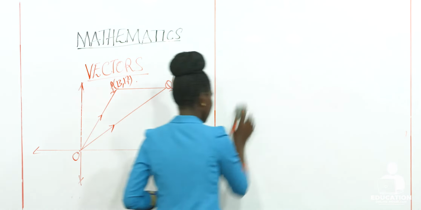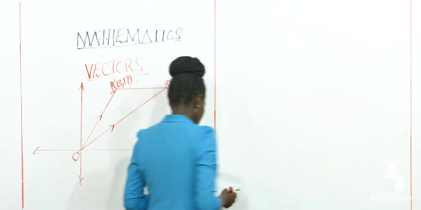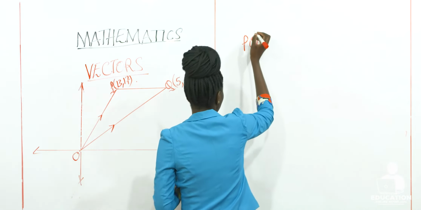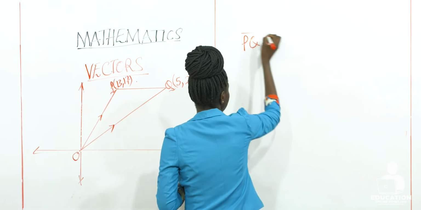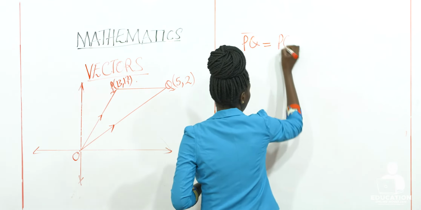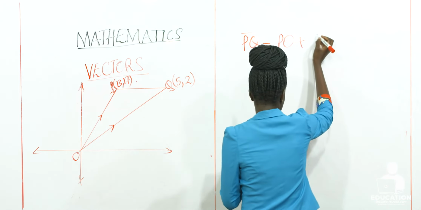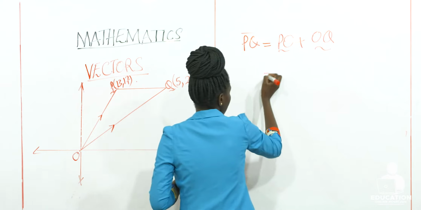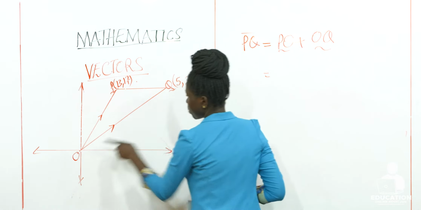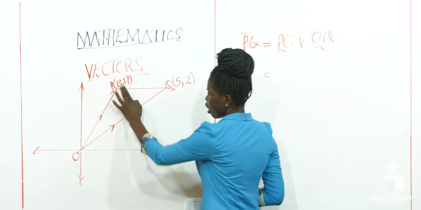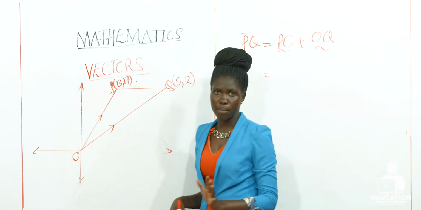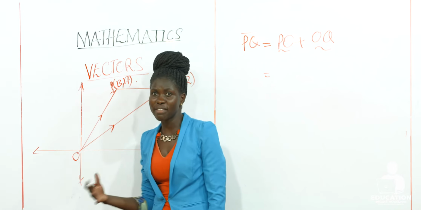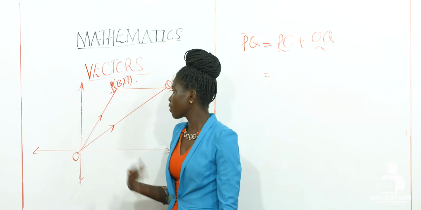So now we're going to calculate our length PQ, and we are saying our length PQ is the same as PO plus OQ. But we are saying PO is in the opposite direction. PO and OP are the same, but the difference is the movement from P to the origin is in the opposite direction, which is the negative or the reverse.